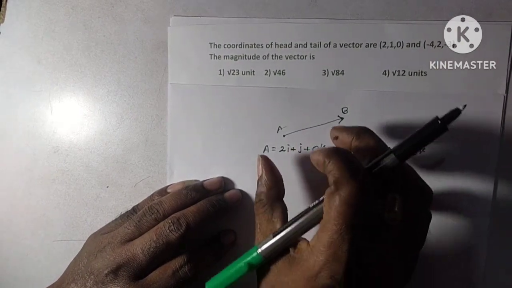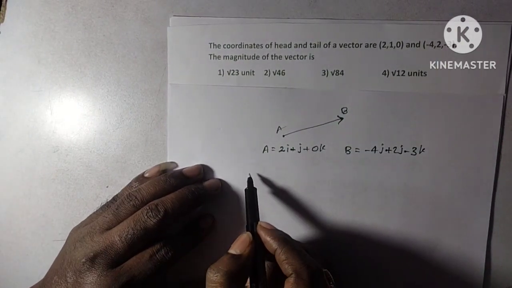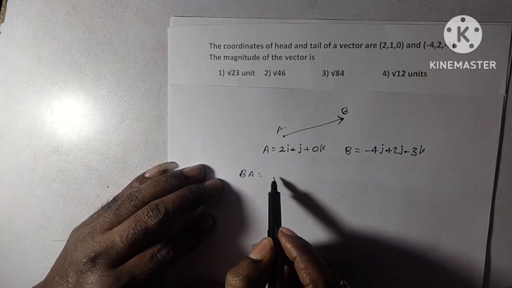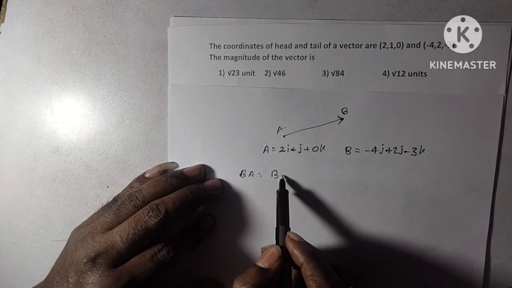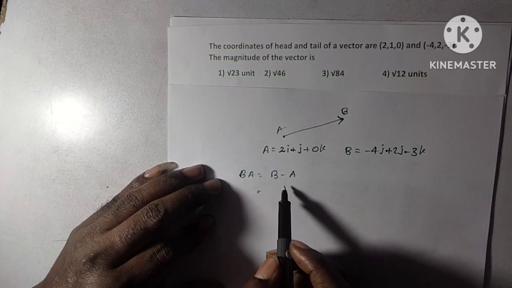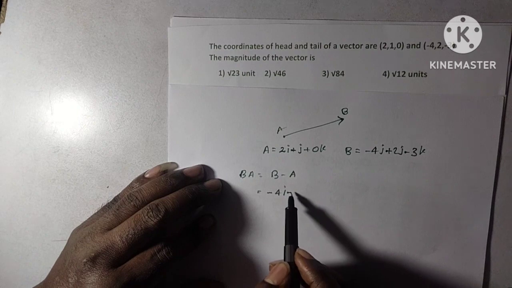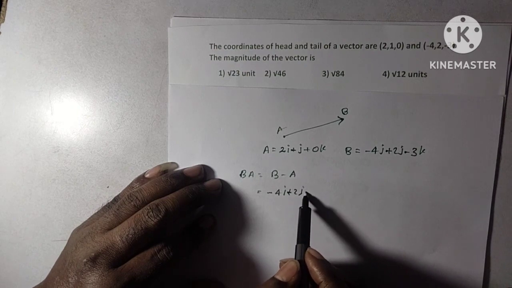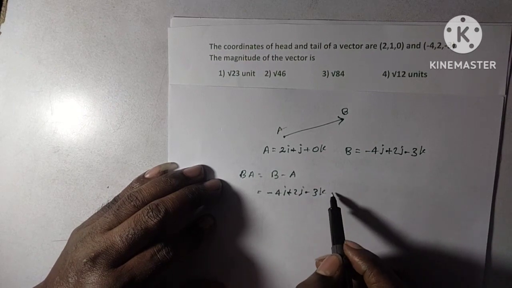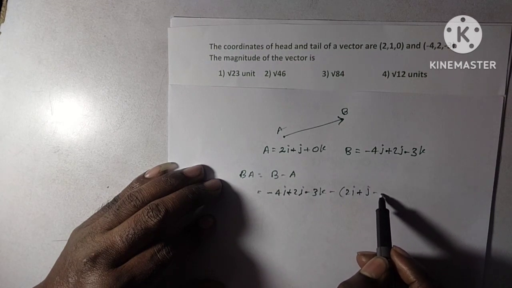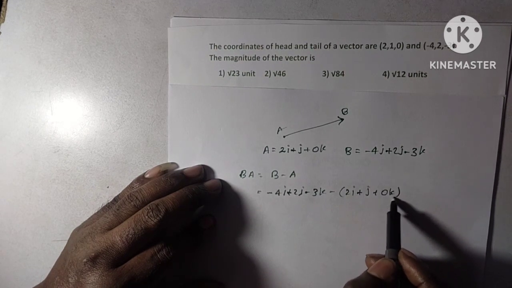Then, to get the whole length from head to tail, we take BA equal to B minus A: (-4i plus 2j minus 3k) minus (2i plus j plus 0k).